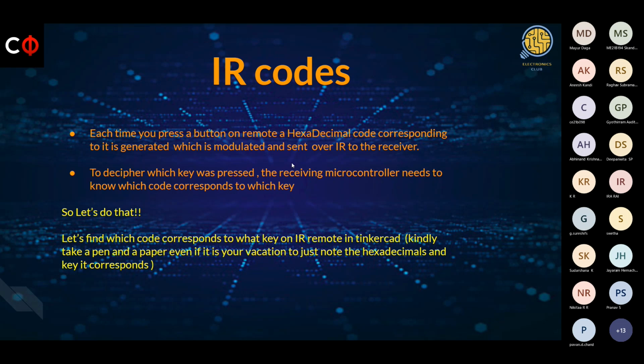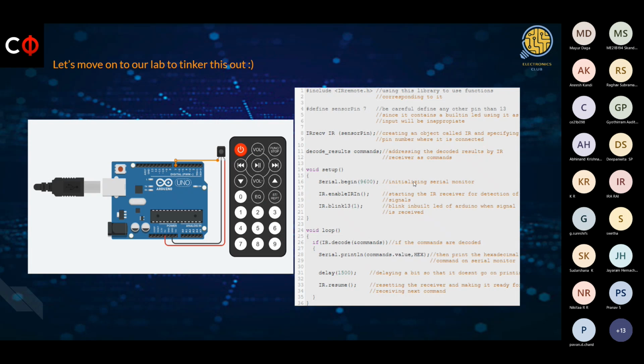The receiver receives it, decodes it and sends it to the microcontroller. I'll show you a simulation of how we get a binary code corresponding to a button pressed on the IR remote. So let's move on to Tinkercad.